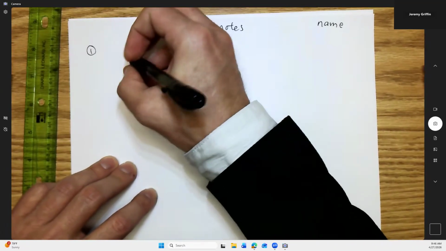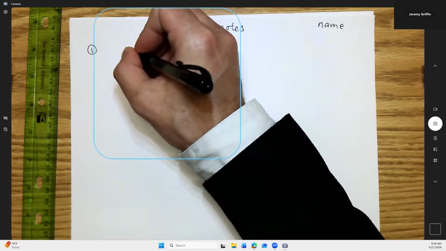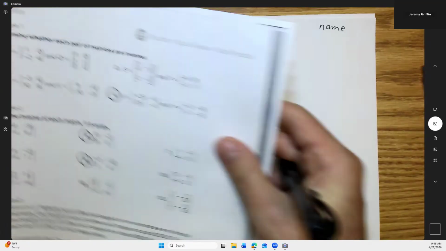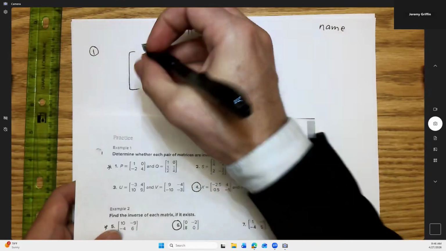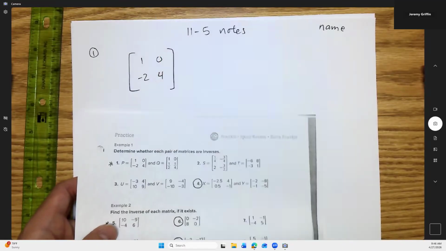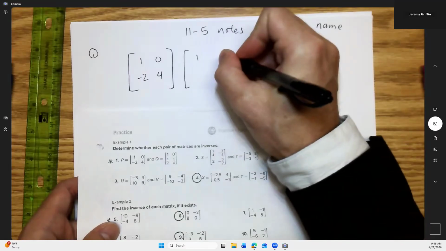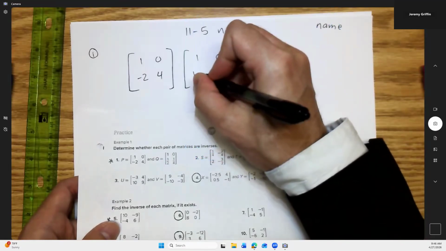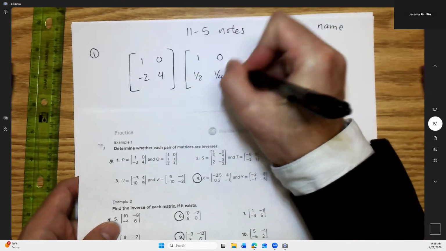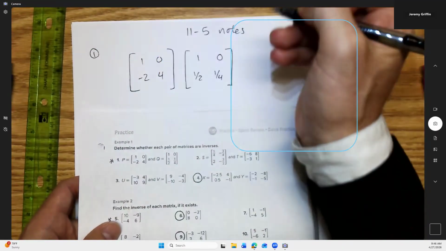Okay, so number 1. They give you P, which is, here, I'll just go right now, 1, 0, negative 2, 4. And Q, which is 1, 0, 1/2, 1/4. Okay.